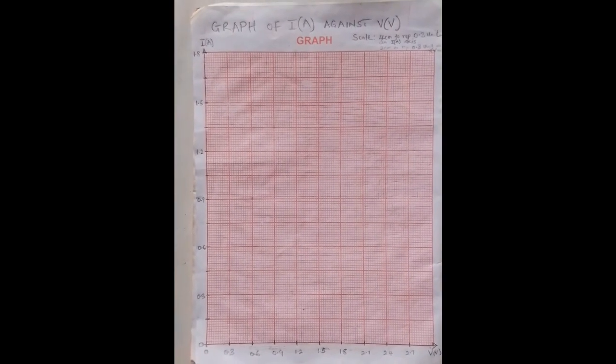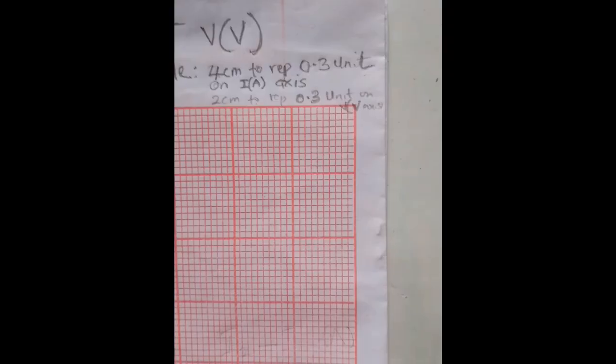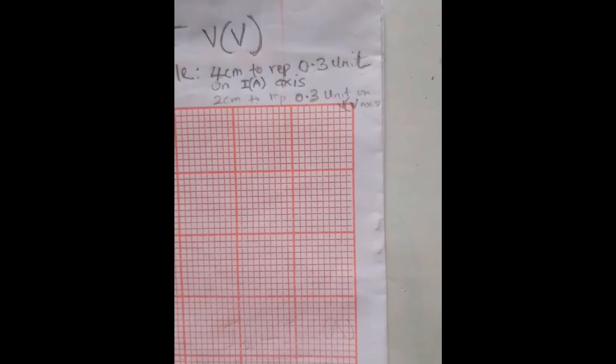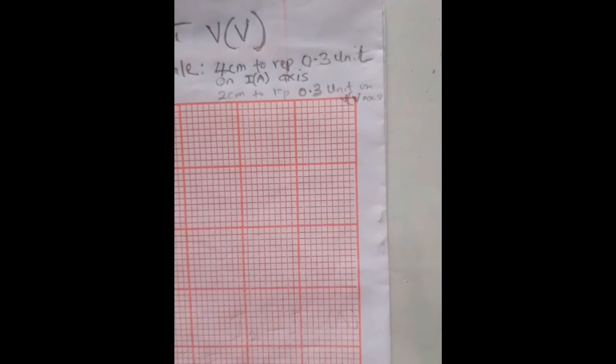So here is a graph. This is a graph sheet. So having our title of graph, which is a graph of I against V with their units in bracket.